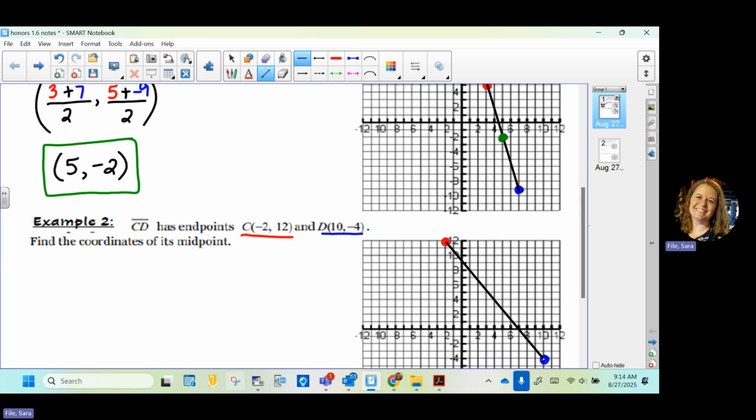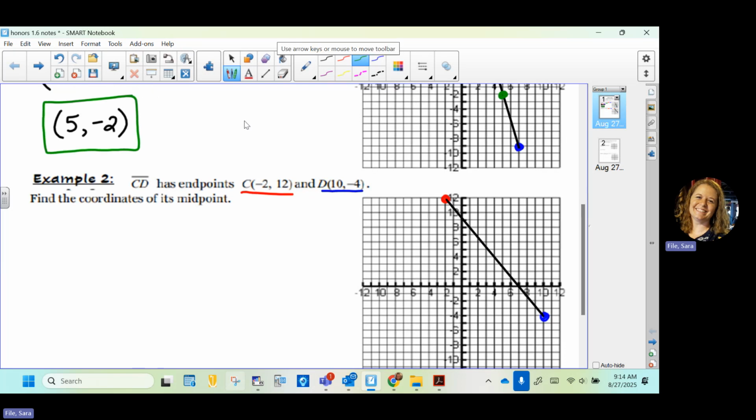So this time I'm going to show you a method you could try instead of using the formula. You could count your horizontal and vertical distance from endpoint to endpoint. So what I'm saying is, if I were to count how far apart these points are vertically and horizontally, I could count that. And so if I counted from 12 to -4, that's 16, isn't it?